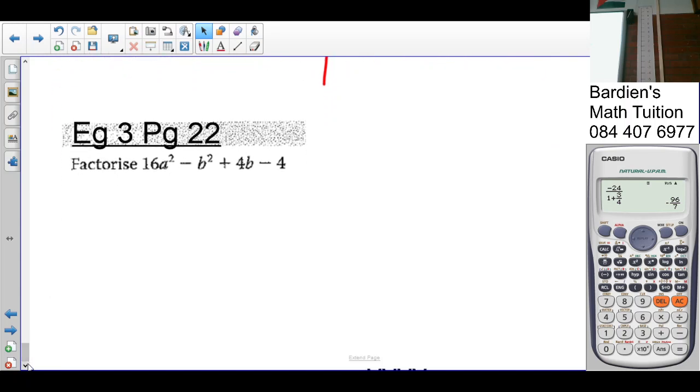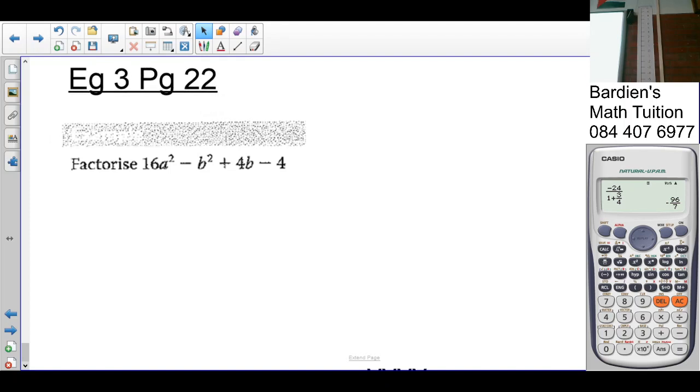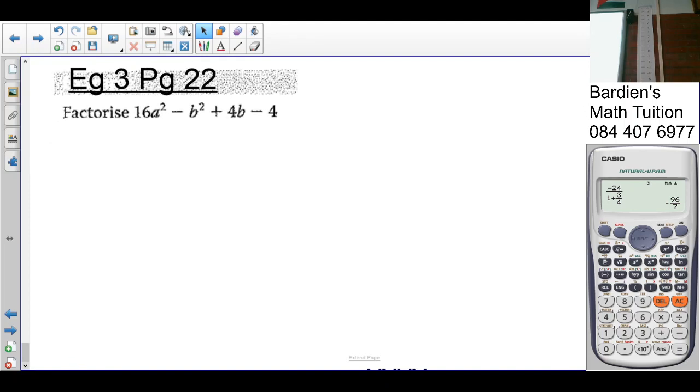Let us do number 3. What is example in Afrikaans? Voorbeeld. Voorbeeld 3 op bladsy 22. What is it here, Koza? Example? Umzekelo. I'm going to learn.